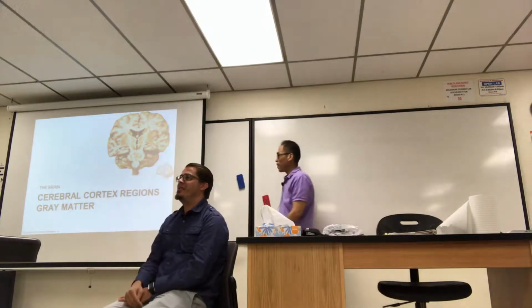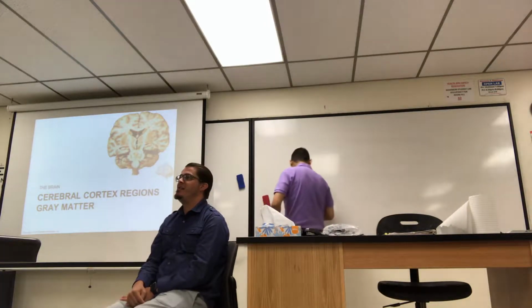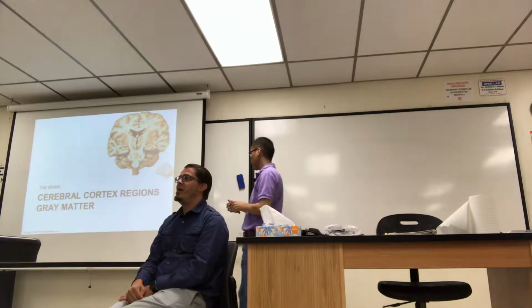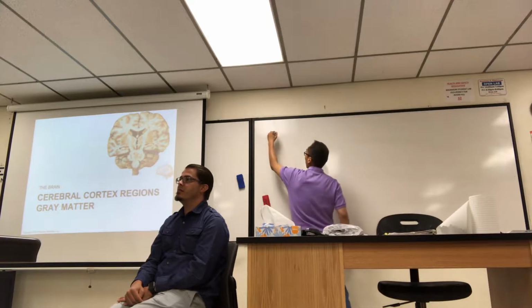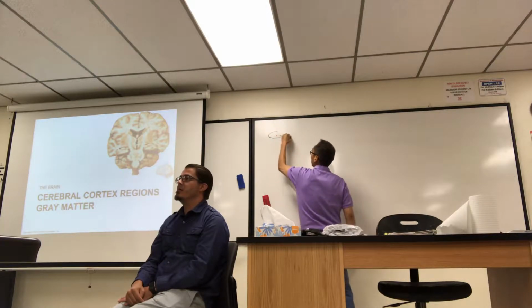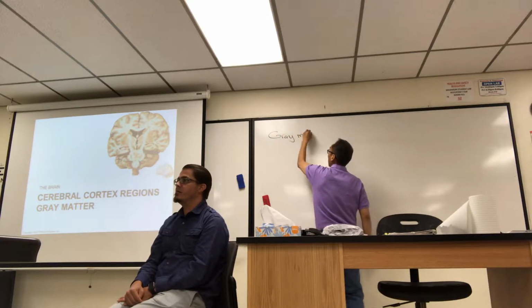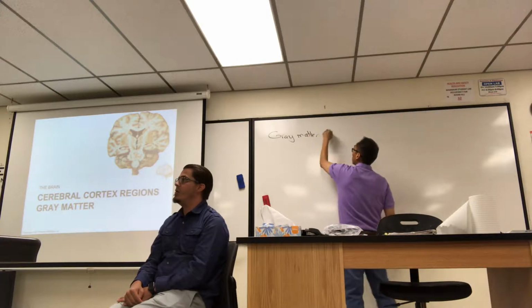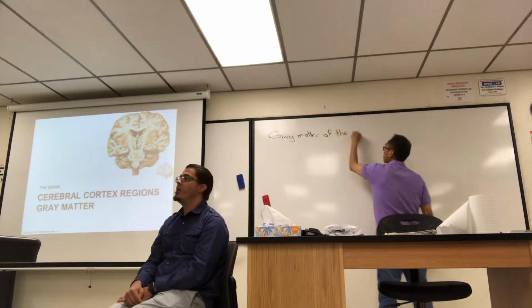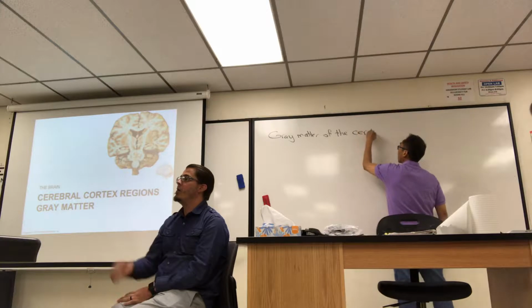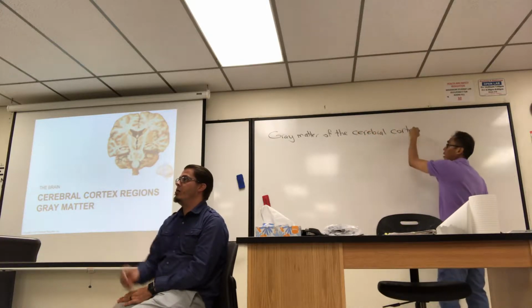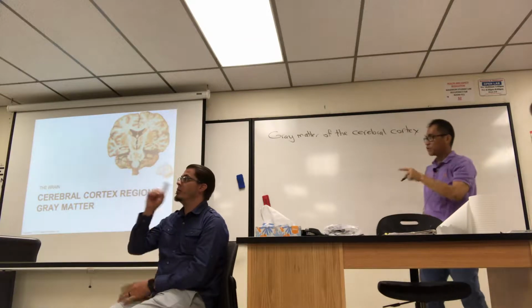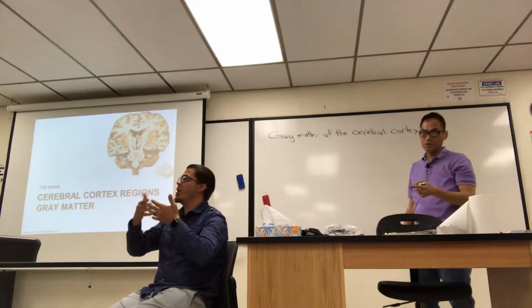So it's useful to know that, well, first of all, let's look at this picture there. Gray matter of the cerebral cortex. It helps to know that different regions of gray matter have different functions.